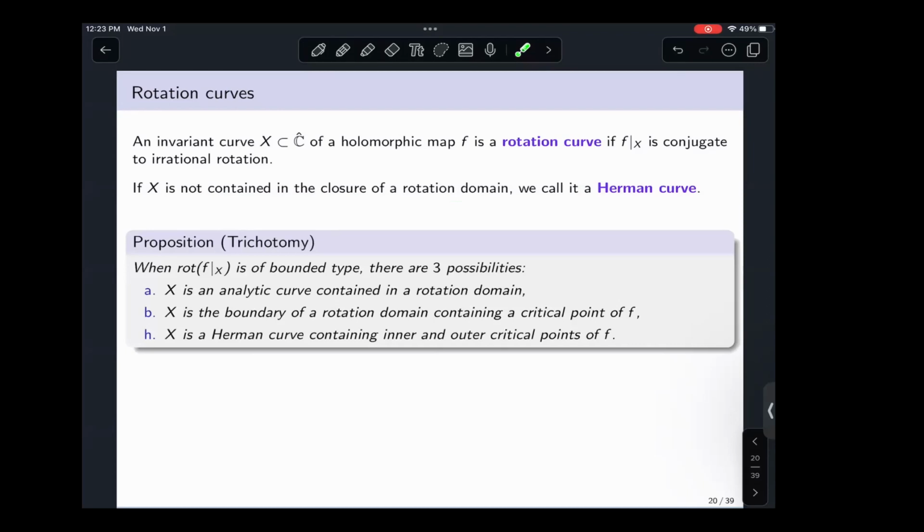So there are three cases. When I have a rotation curve, there are three possibilities. One is either it is an analytic curve inside the rotation domain. So let me try to draw three different possibilities.